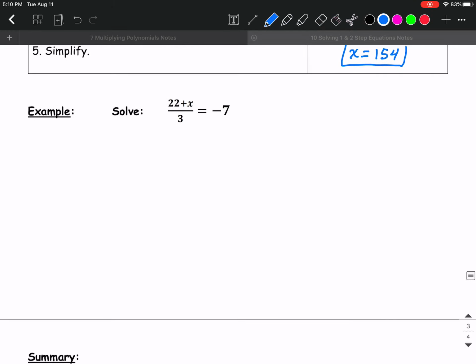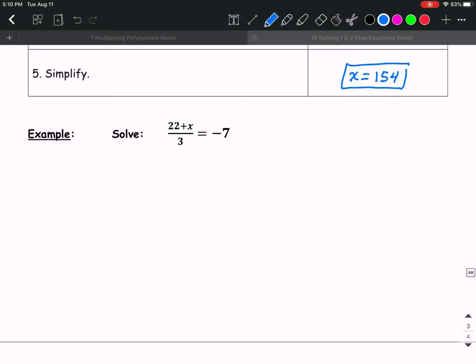Okay? Let's try one more without all the steps. How can we use this method without having that box? Think about this. If we were going to plug something in, what would be the operations? What are the operations that we are doing in this problem? When we plug it in for x, we're first going to add 22, then we would divide by 3. So now we want to do the opposite operations. The opposite of dividing by 3 is multiplying by 3. The opposite of adding 22 is subtracting 22. So here we go.